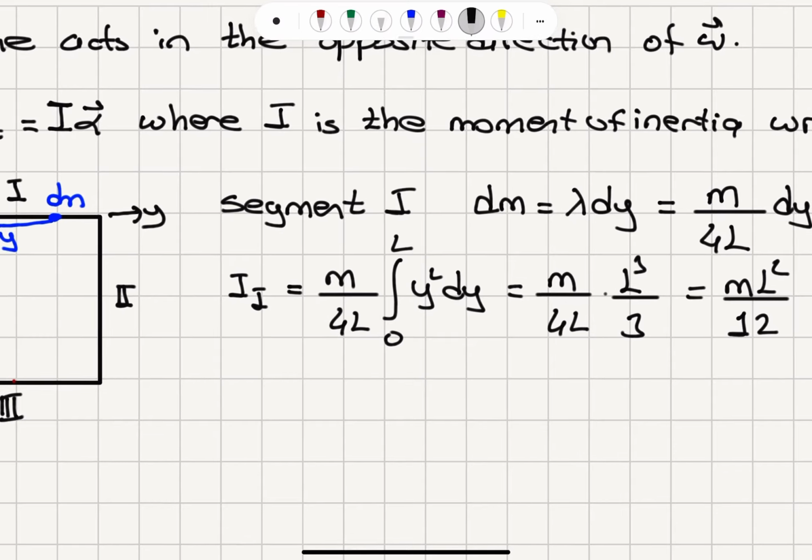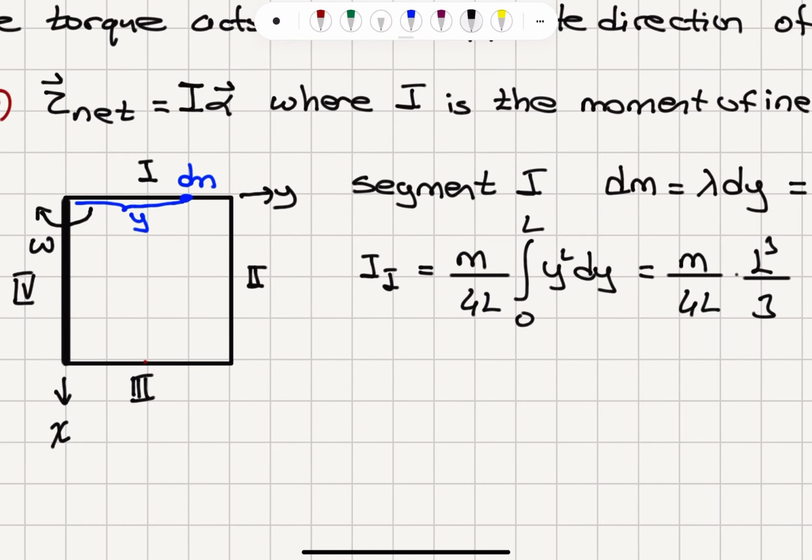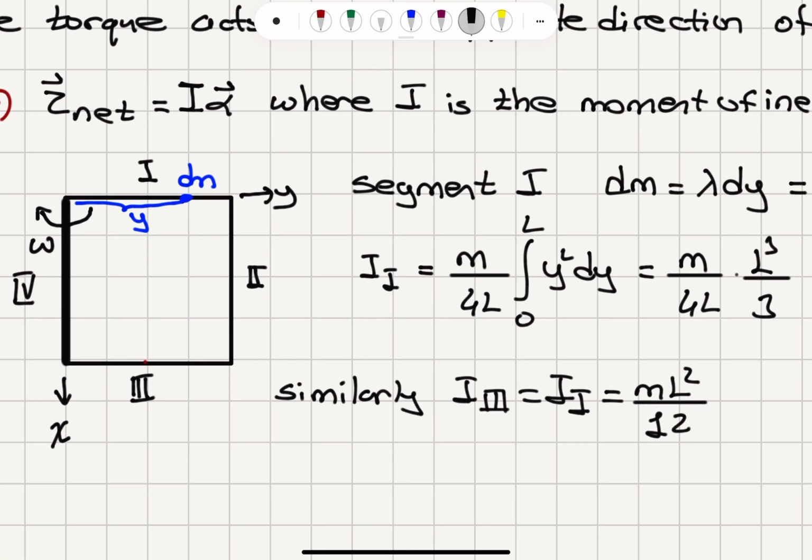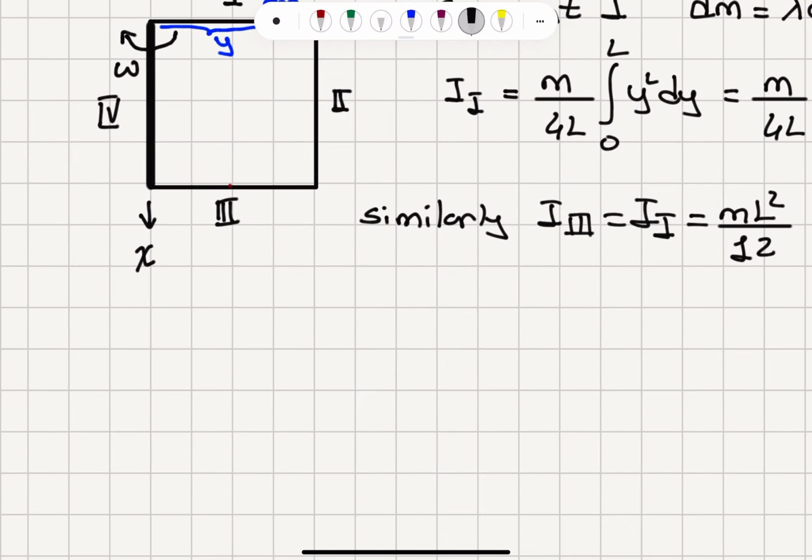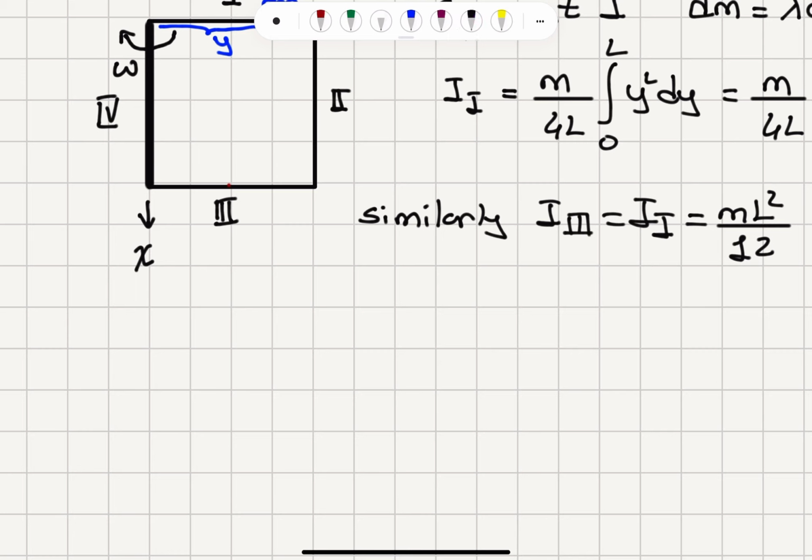Now, similarly, if I consider segment number 3, I would have the same scenario here. So I can say without any further calculations that the contribution from the third segment is equal to the contribution from the first segment, which is mL squared divided by 12. And for segment 2, I have to do a calculation.